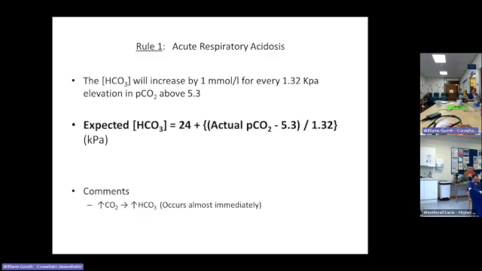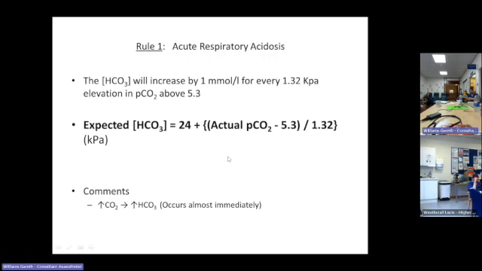There are 6 rules. I don't honestly think you need to remember them. Some people call them the Boston rules, and they apply to the following scenarios. So in acute respiratory acidosis, so acute hypercapnic respiratory failure, if you recognise that as a primary process and you want to assess what the appropriate bicarbonate change should be metabolically, then the bicarbonate concentration should increase by 1 millimole per litre for every 1.32 kilopascal rise above 5.3.